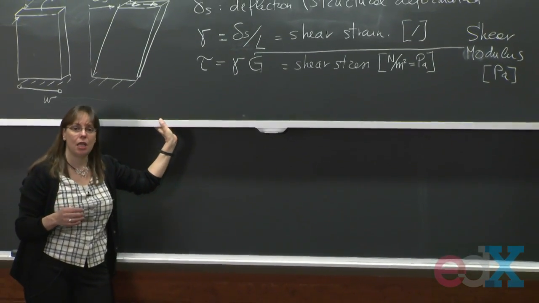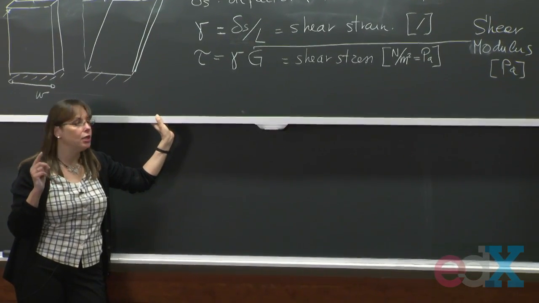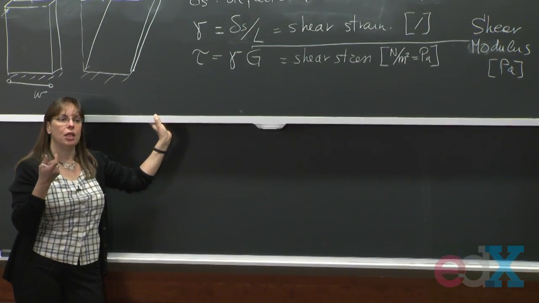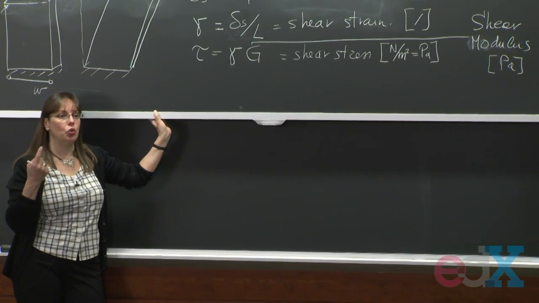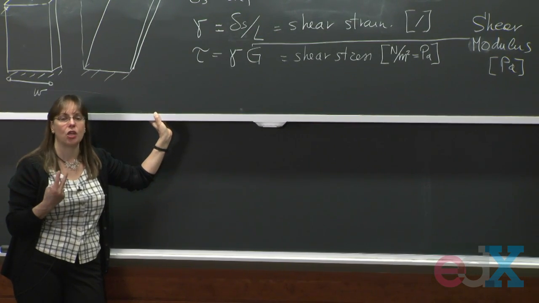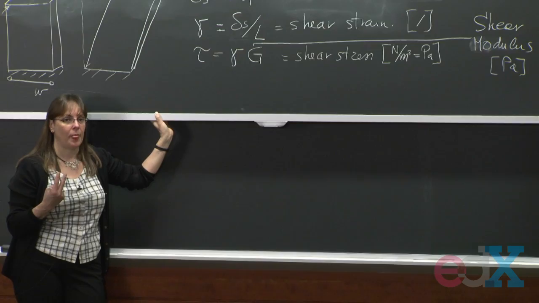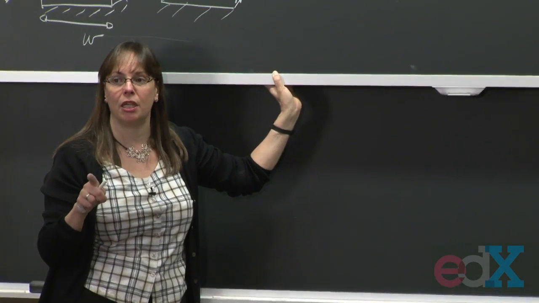OK? We're going to see two classes from now that the shear modulus is connected, for an isotropic linear elastic material, to both the Young's modulus and the Poisson ratio. There is a connection between these three things. Really, there are only two material properties for isotropic linear elastic materials.